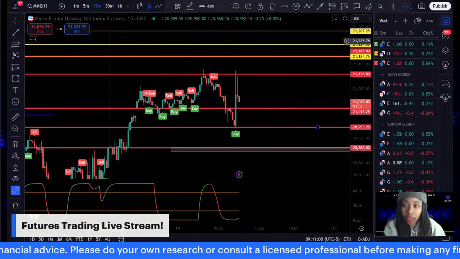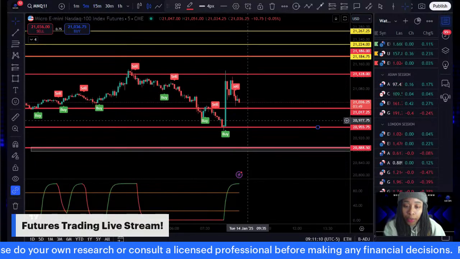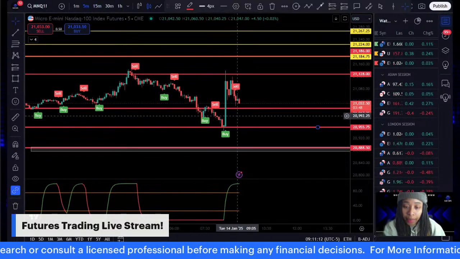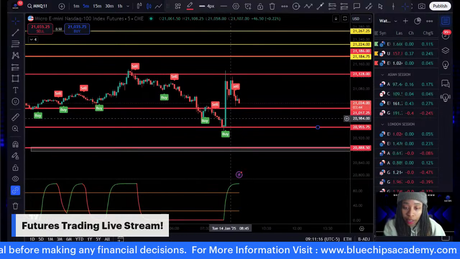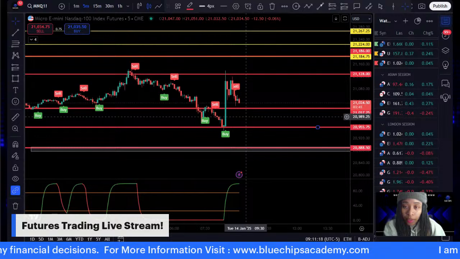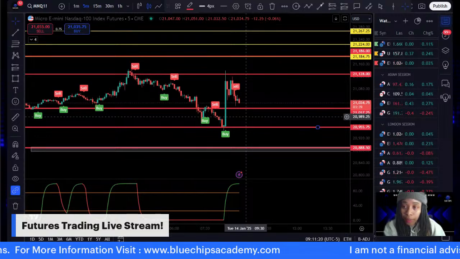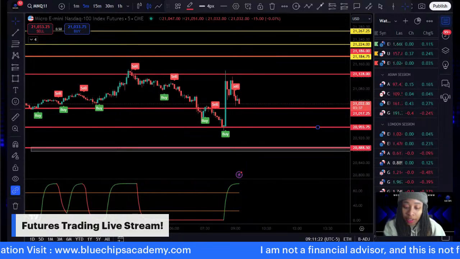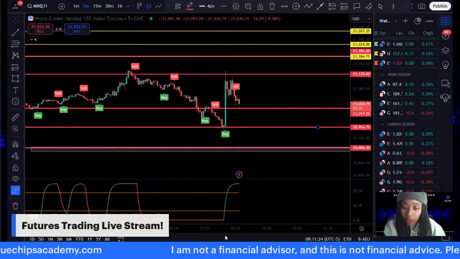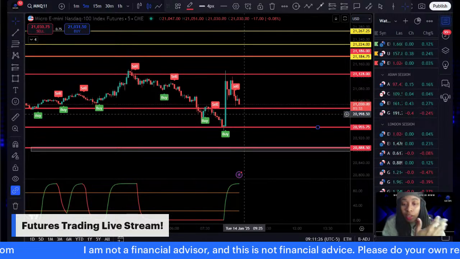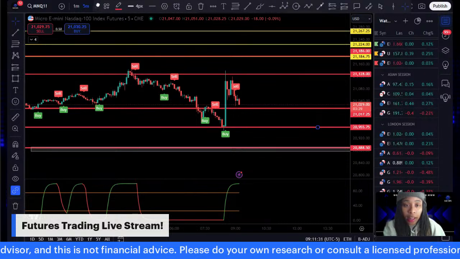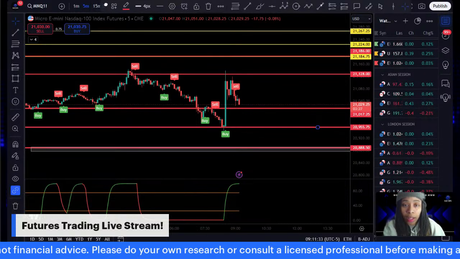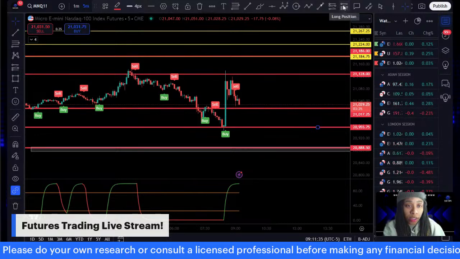Price could potentially, let me go to the 5 minute, price could potentially come down in this area before 9:30 hits. So what I'm doing is calculating how much I want to go into a trade. Right now I have to do it based off of 150,000, and it just duplicates those contracts to the other accounts. So let me get my long position.